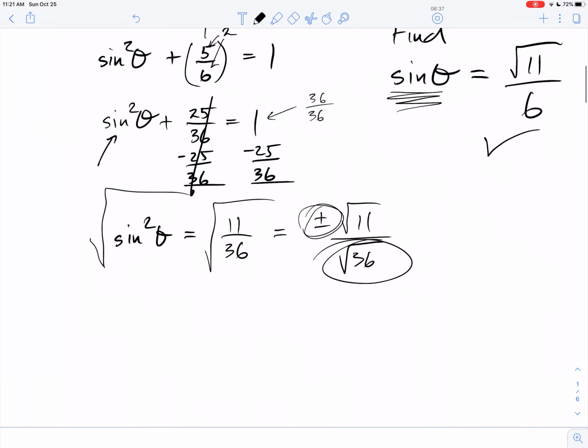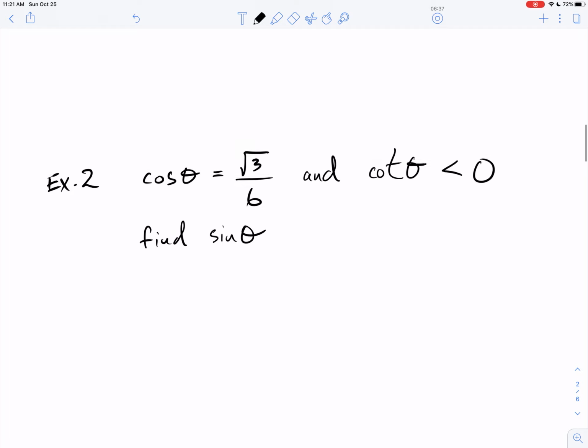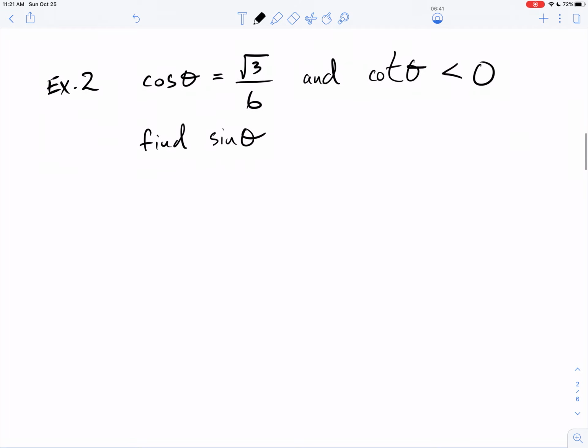So, the next question right here, I'm going to save a little time. This next question says cosine theta equals root 3 over 6. And cotangent of that angle is less than 0. So that means that would be negative. Wait a minute. If cosine is positive and cotangent's negative, what quadrant would I have to be in?